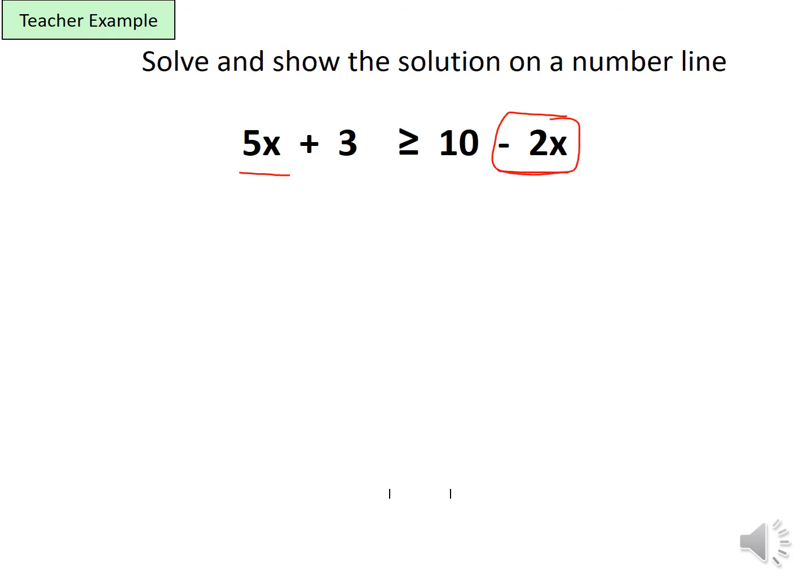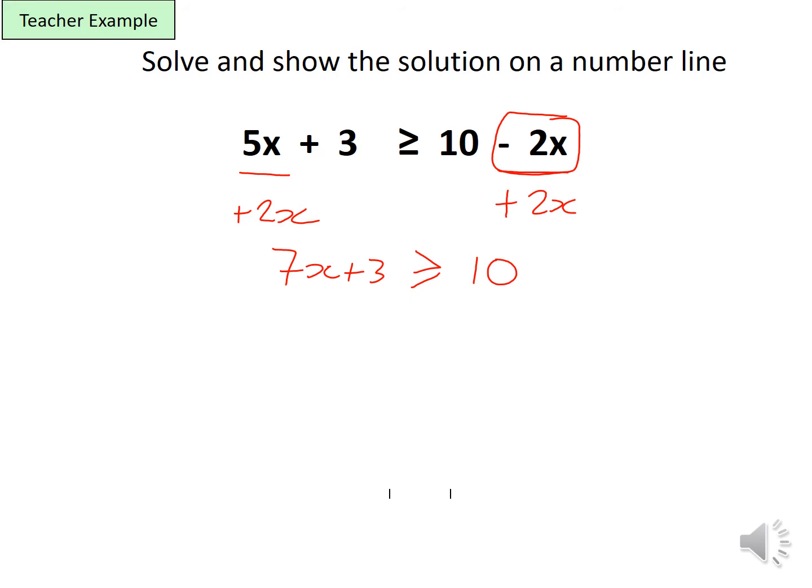The inverse of negative 2x, or take away 2x, is to add 2x on both sides. So 5x plus 2x gives me 7x plus 3 is greater than or equal to 10, because negative 2x add 2x gives me 0.